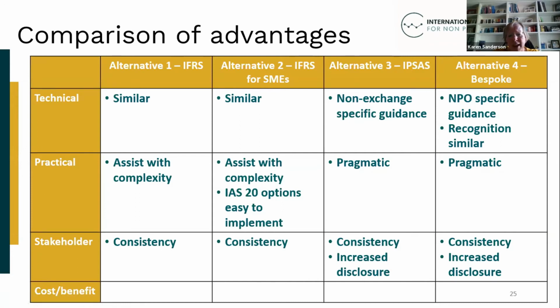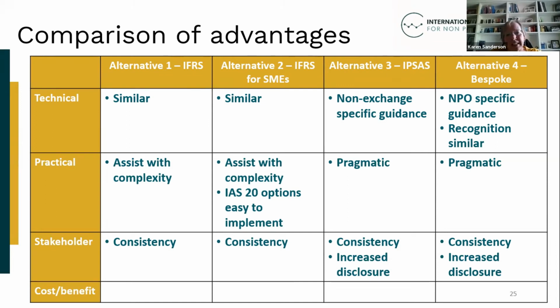So from a technical perspective, the relative advantages have an advantage around similarity or compliance with an existing standard or conceptual framework. It's only alternative 3 with IPSAS that would follow a specific standard directly, because 1 and 2 are by analogy, and similarly alternative 4 uses principles but has some divergences from that.